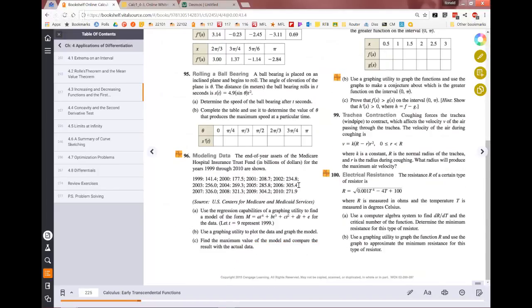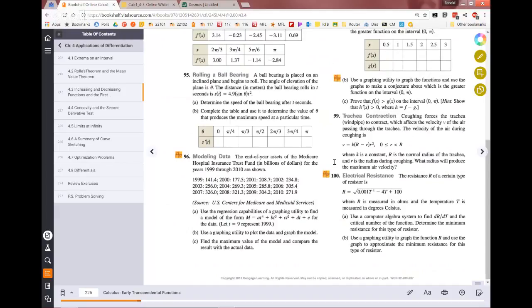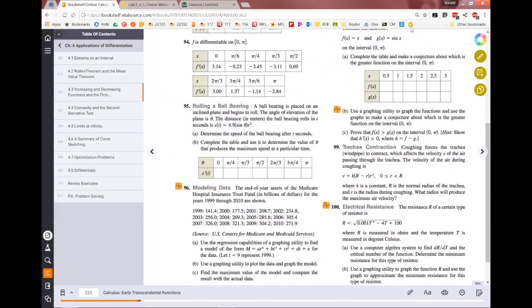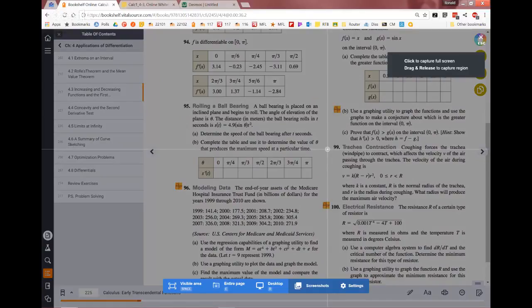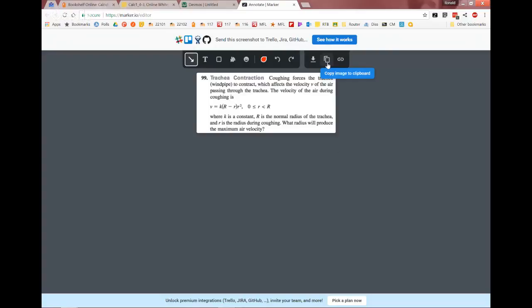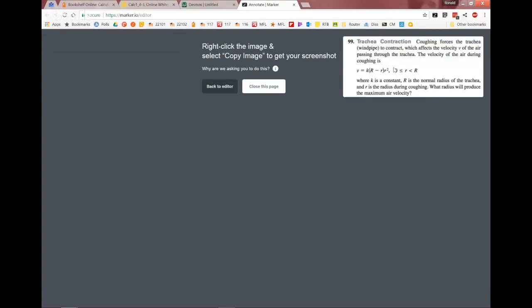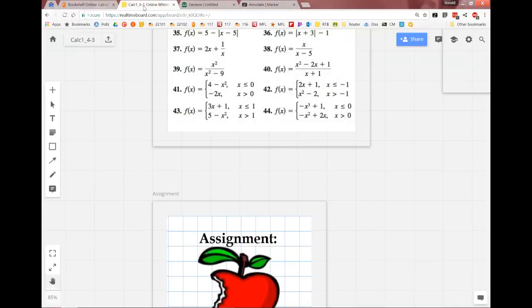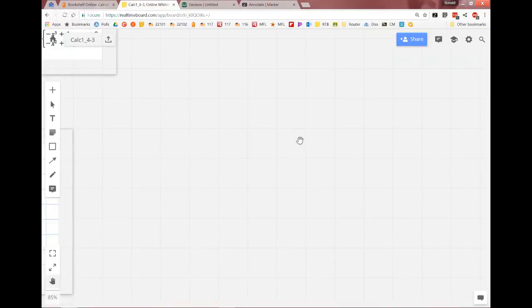Trachea contraction. Let's just make a copy of that. Okay, let's stick that right here.